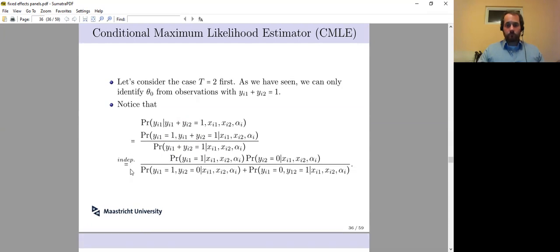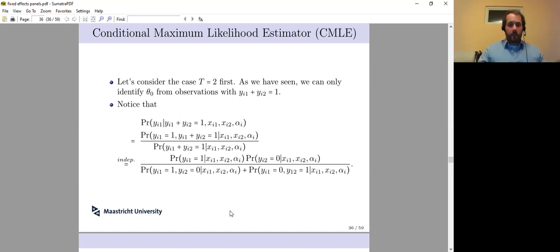And well, the joint probability of this thing, if I know that yi1 is 1 and I know that these things together are 1, I know for sure that yi2 has to be 0. And by independence across t, I can write that as the product of this times this.